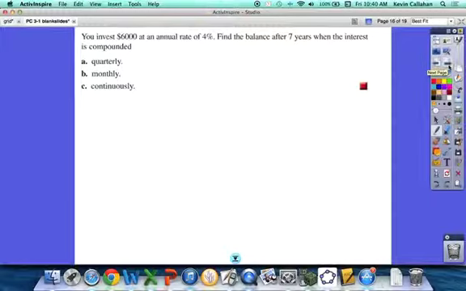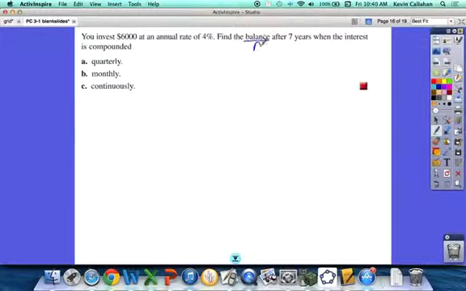So let's do an example of that. You invest $6,000 at an annual interest rate of 4%. Find the balance after 7 years if it's compounded quarterly, monthly, continuously. Okay. Find the balance. What's the balance? In that formula, what letter is representing the balance?